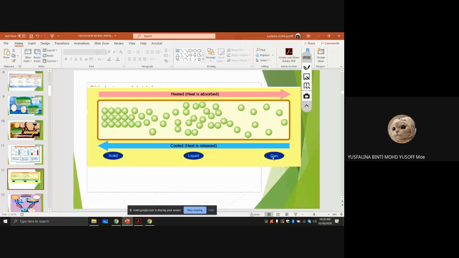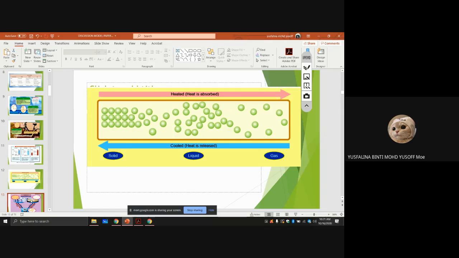And then from gas to liquid, water vapor to liquid, heat is released. And from liquid to solid, or water to ice, heat is also released. So it is the opposite process. Solid to liquid and liquid to gas, heat is absorbed. Gas to liquid and liquid to solid, heat is released.